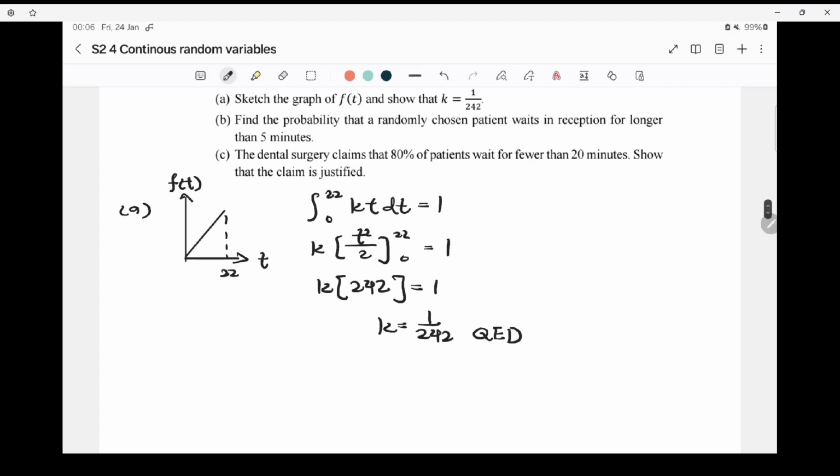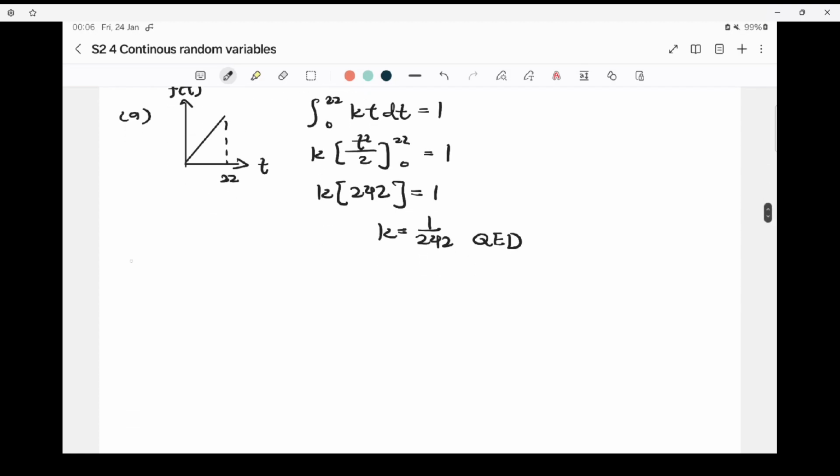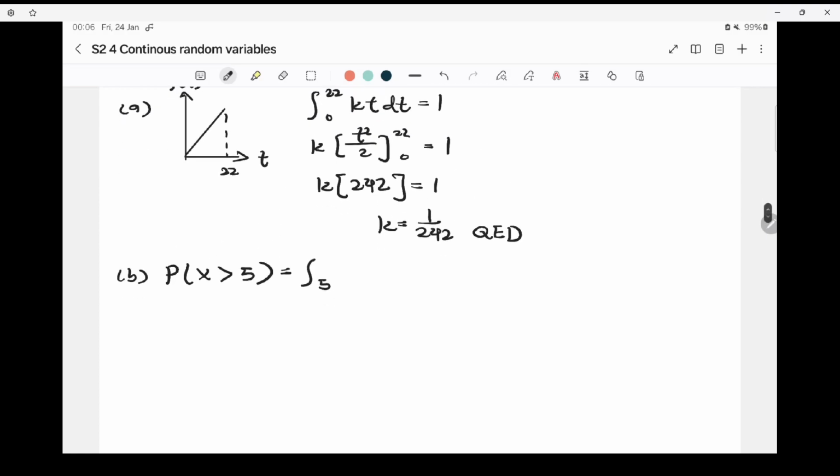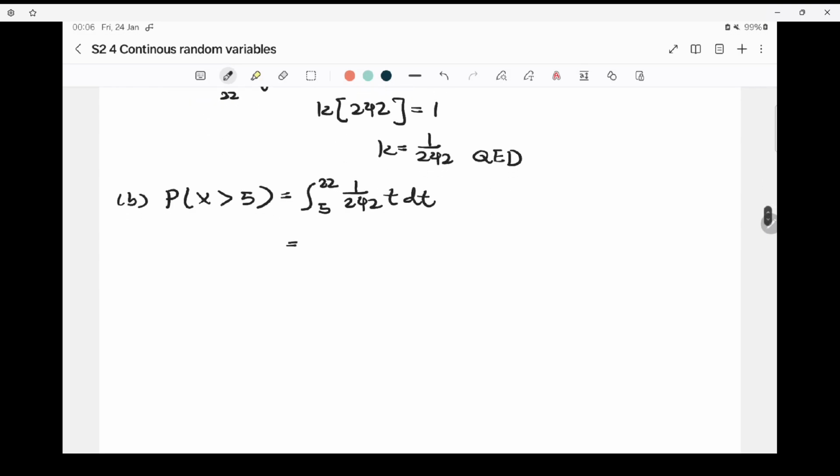Find the probability that a randomly chosen patient waits more than 5 minutes. So then this will be P(X more than 5). So it will be integrating from 5 to 22 of 1 over 242 t dt. So you have 1 over 242 times t squared over 2, integrating from 5 to 22.